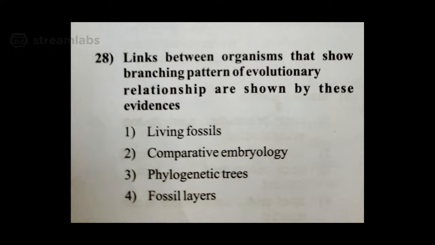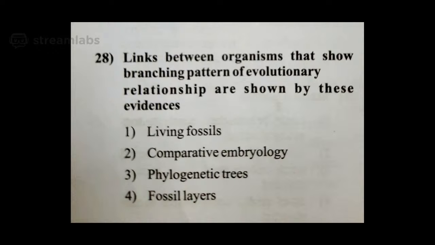Comparative embryology, one thing we discussed in heredity and evolution. In order to study the evolution, comparative embryology gives information at embryology level how the higher organisms came into existence, right?